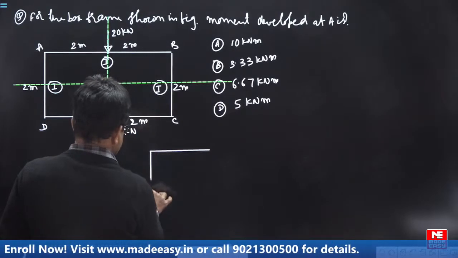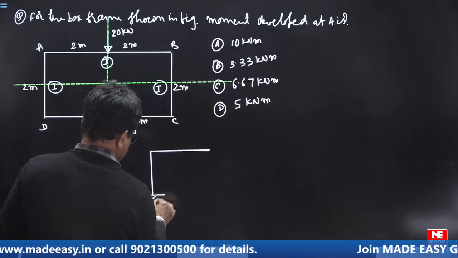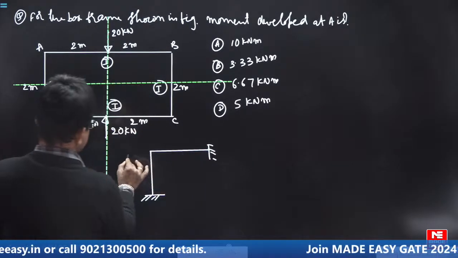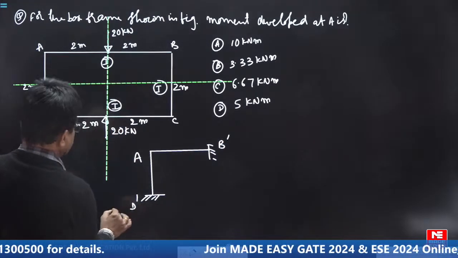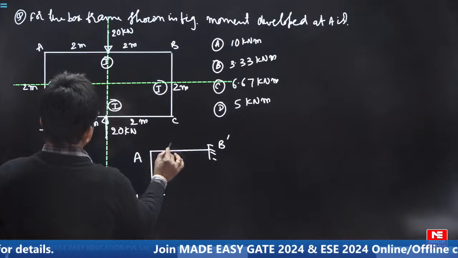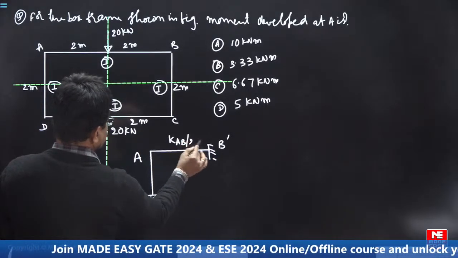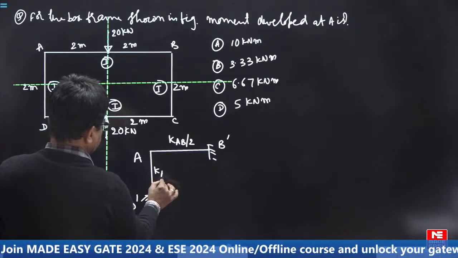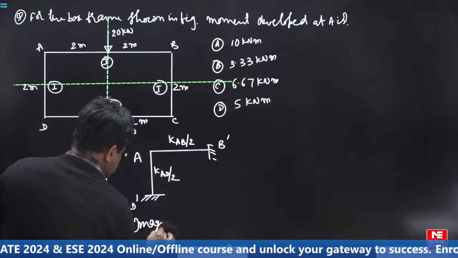This is your imaginary frame. This point is A, this point is B dash, this point is D dash. So this you will get KAB by 2. This you will get KAD by 2. This is your imaginary frame.